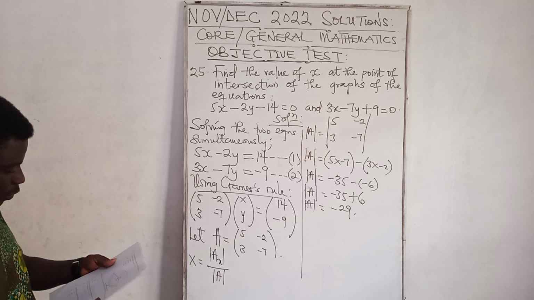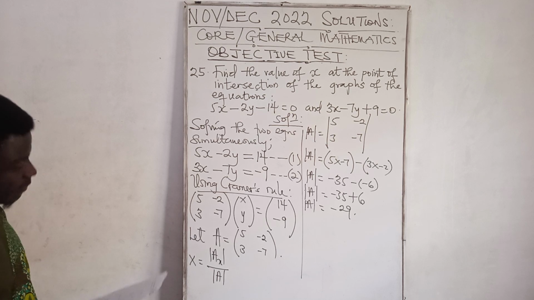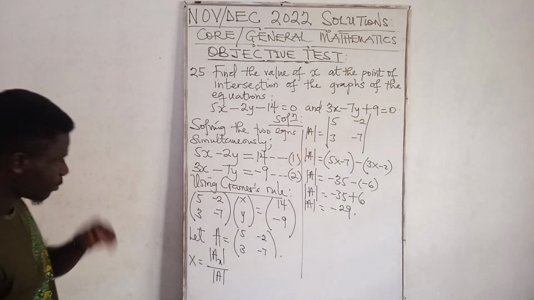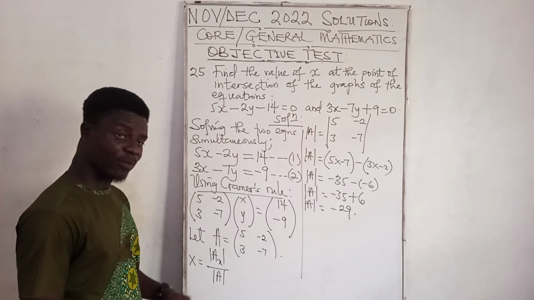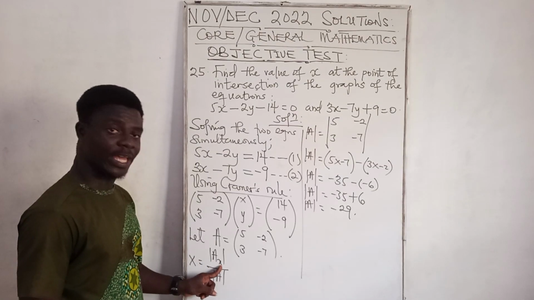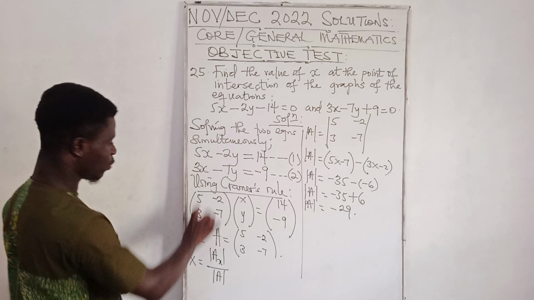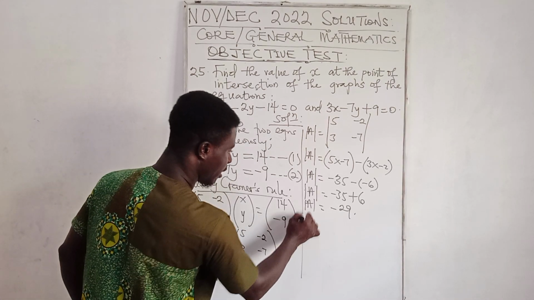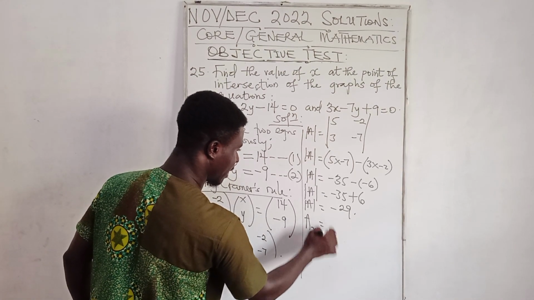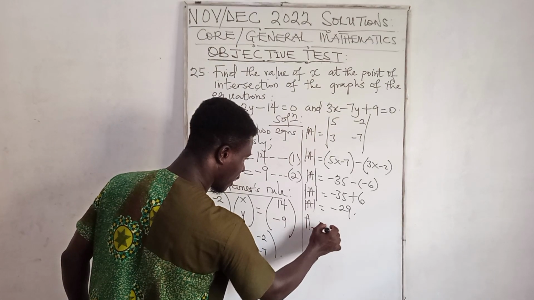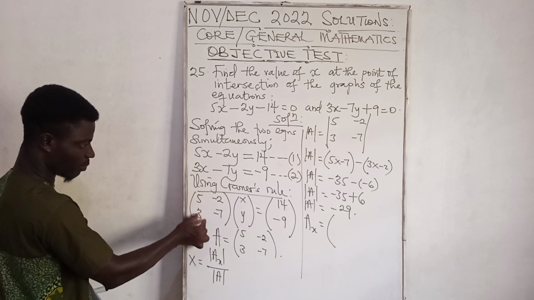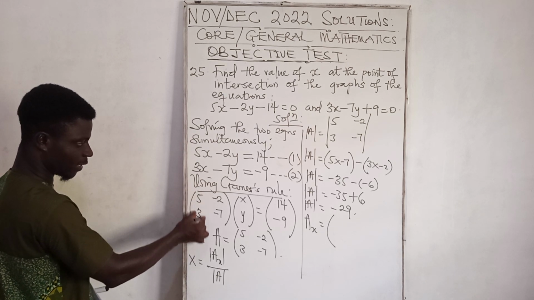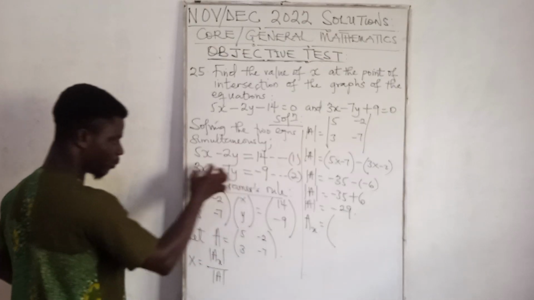Now, if we have the determinant of A, what is the next thing to do? We have to find the determinant of Ax. How can we get our Ax? We have to eliminate all these x values from there, then substitute in that.